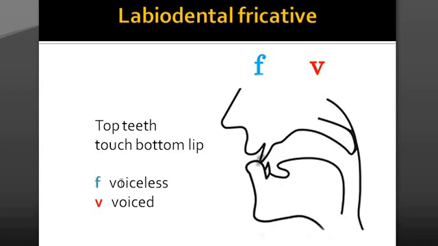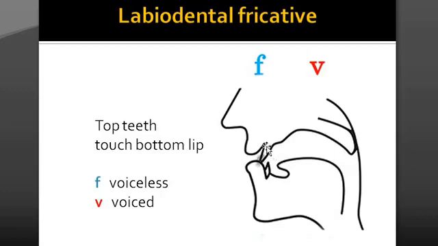So what we learned is that the V sound is actually a consonant pair with the F sound. And these are called labiodental fricatives. Labio means lips, dental means teeth, and fricative means friction.